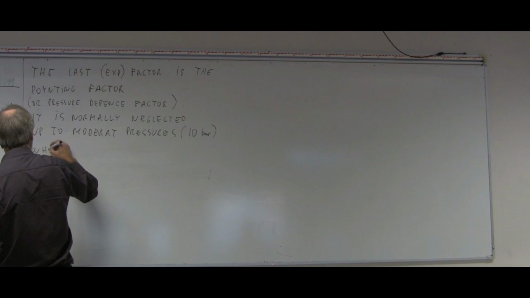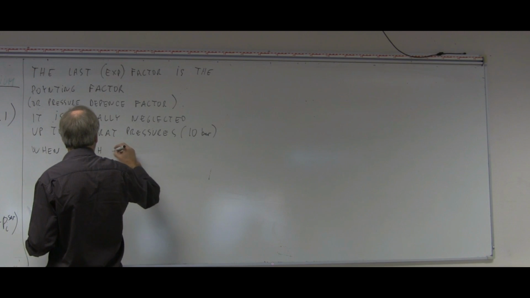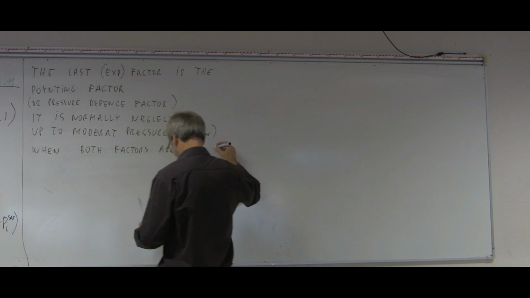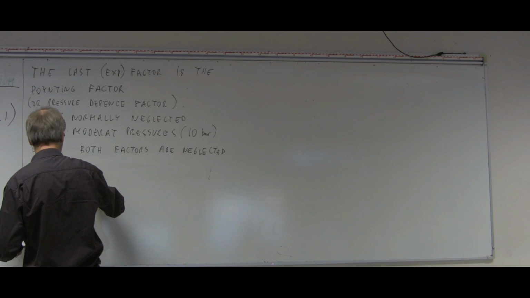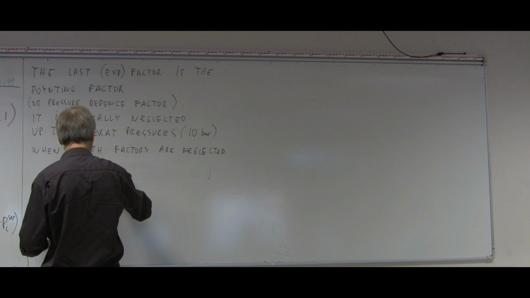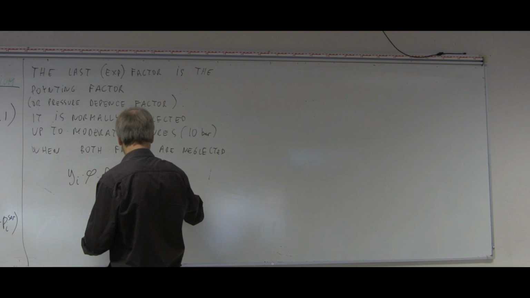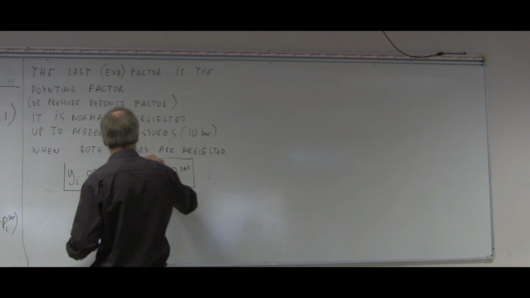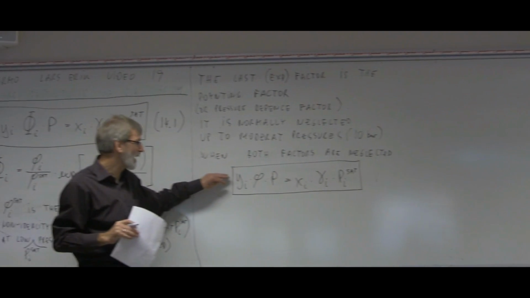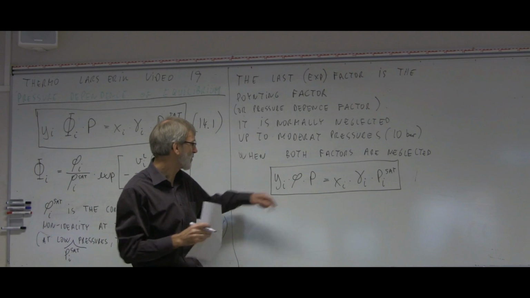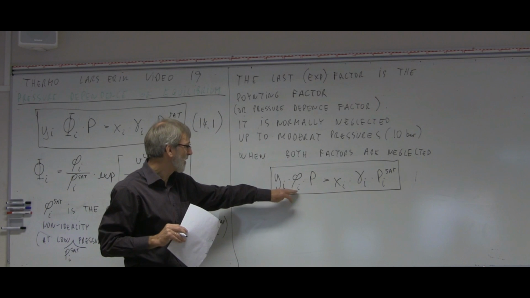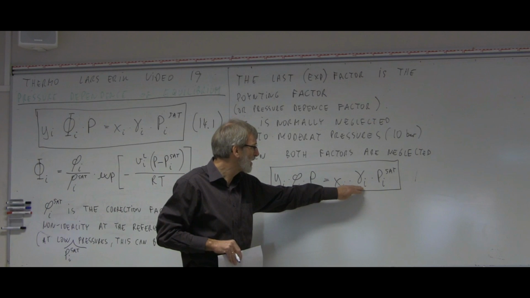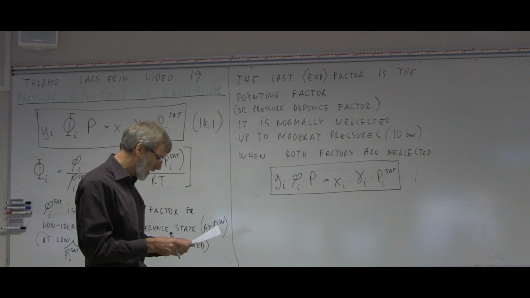And then when both factors are neglected, we end up with the more traditional equation, where we treat the equilibrium with one correction factor for the vapor phase, which is the fugacity coefficient for the vapor phase, and one correction factor for the liquid non-ideality for the liquid phase.